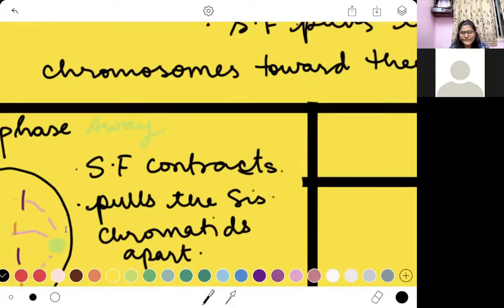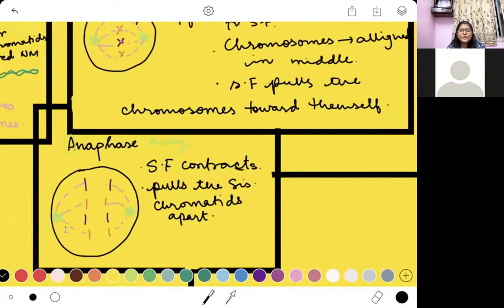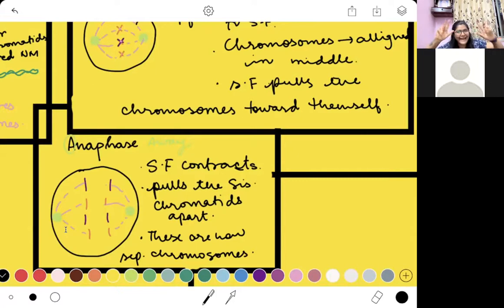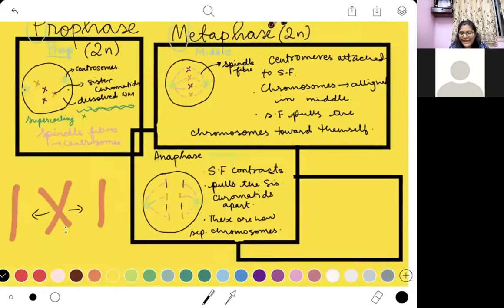Once your sister chromatids have been pulled apart, they are now separate chromosomes. They have the same set of information. Like this hand has the same information as that hand. It's just that now these two are different hands altogether. This is something that happens at your anaphase.